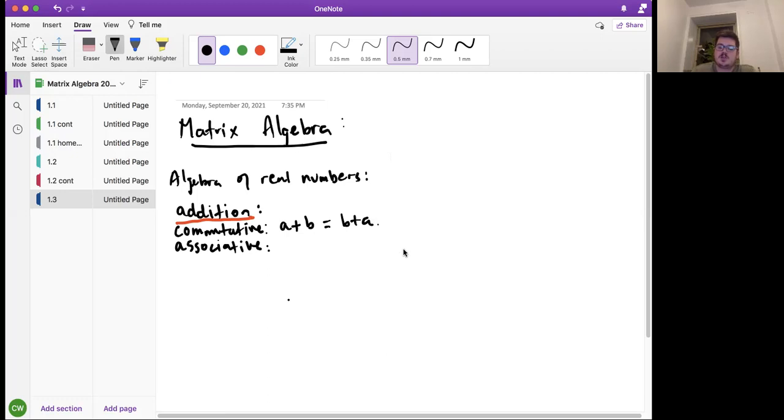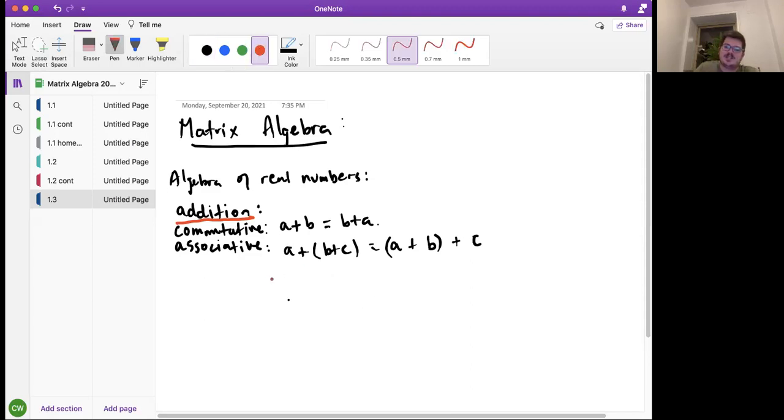You can move around parentheses. If I have a plus b plus c, you can group either the last two or the first two, and because it's commutative, you can even group the last and the third.